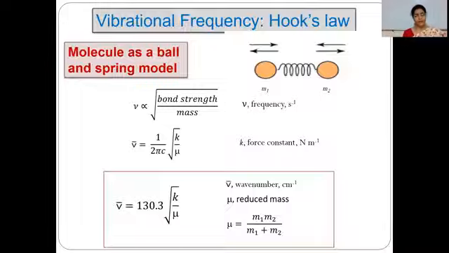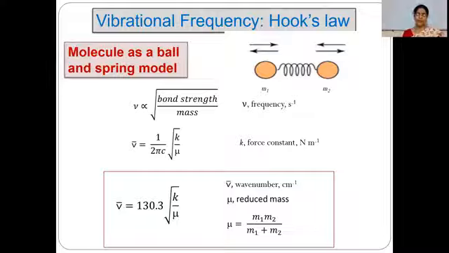Here we can consider two atoms of different masses M1 and M2 connected by a weightless spring. These two atoms are considered as two balls of different weights. This spring is always in a state of continuous vibration.